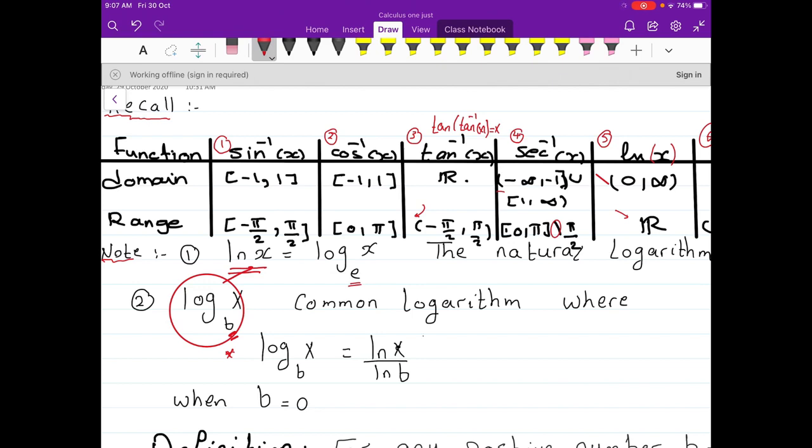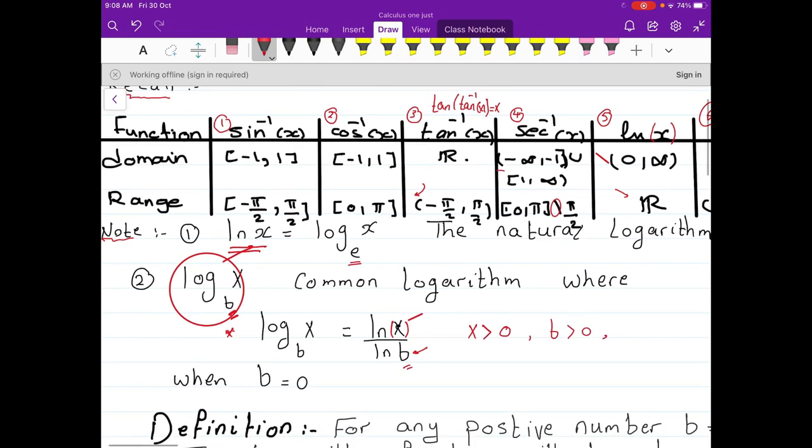Now what are the conditions on x and b? x must be positive. Why? Since the input of ln must be positive. What is the condition for b? b must be positive and there is another condition: the denominator does not equal 0.